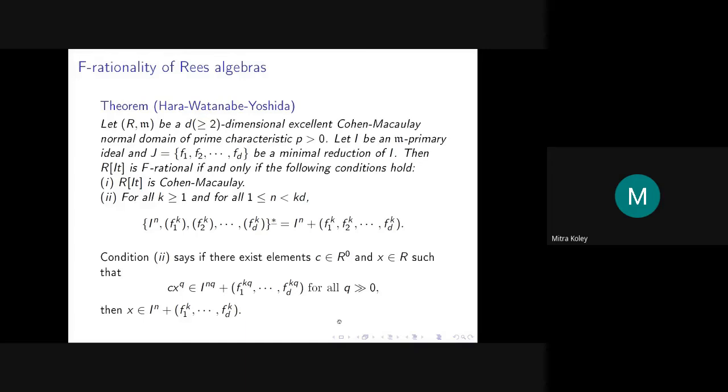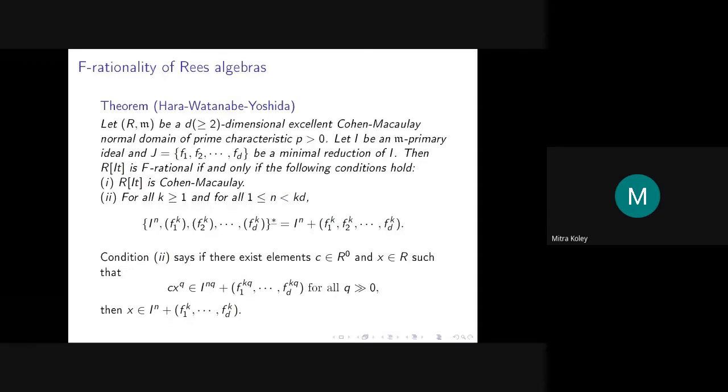So now I will explain the second condition elaborately. Condition 2 says: if there exist an element c in R° and x in R such that c x^q is in the ideal here, which is the condition for x to be in the tight integral closure of this, and this is satisfied for all large q, then x should belong to I^n plus (f1^k, ..., fd^k). Now, the Rees algebra is F-rational.